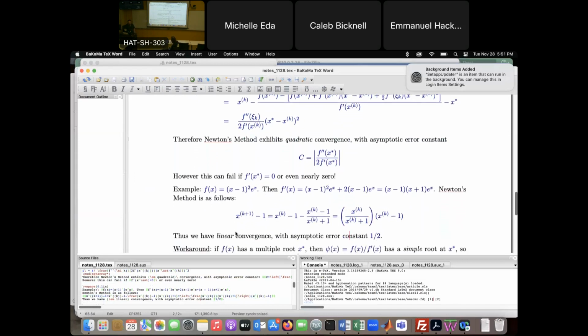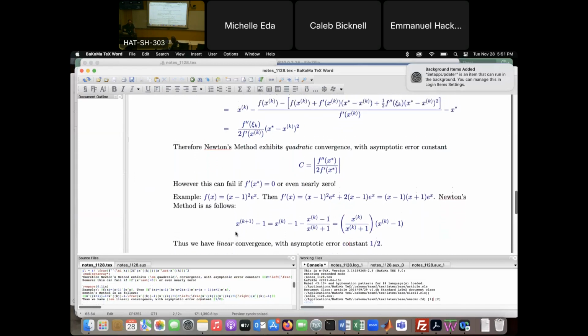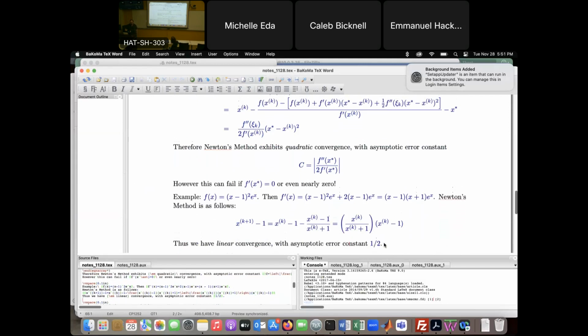Now, it can be shown, and this is actually in an exploration, but it turned out to be not one I assigned, that here I only showed in this example we have linear convergence, asymptotic error constant 1/2. It can actually be shown that in general, if f has a double root at x star, so f of x star is 0, f prime of x star is 0, you generally get linear convergence, and the asymptotic error constant turns out to be 1/2.